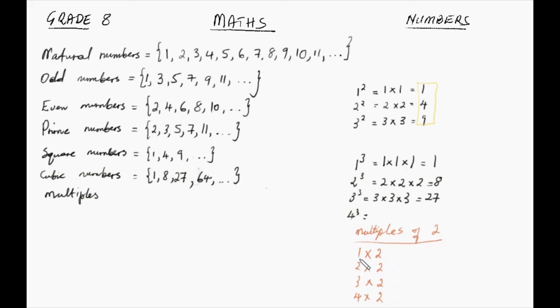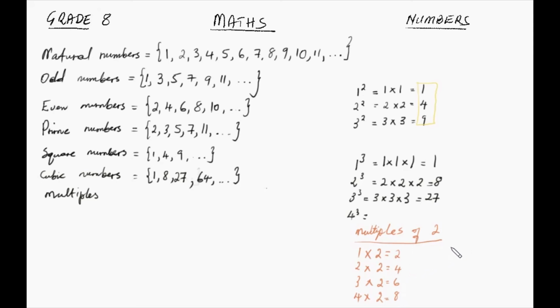So we take the natural numbers and multiply each natural number by 2 and see what we are going to get. We would get what here? 2. What about here? 4. What about here? 6. And 8 here. All right. We would continue. So these 2, 4, 6, 8 are multiples of 2.